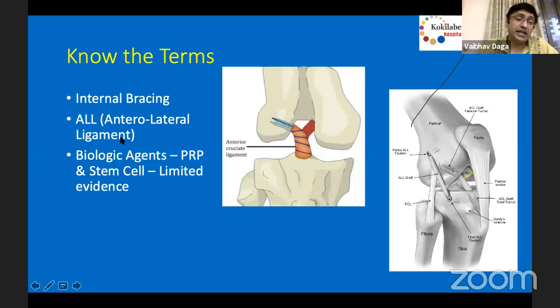There are biologic agents like PRP and stem cells which are being used, but they definitely have very limited evidence, so it is not very common to use PRP and stem cells. But yes, internal bracing and anterolateral ligament repair or reconstruction is very much the way forward these days to get good stability for the ACL.